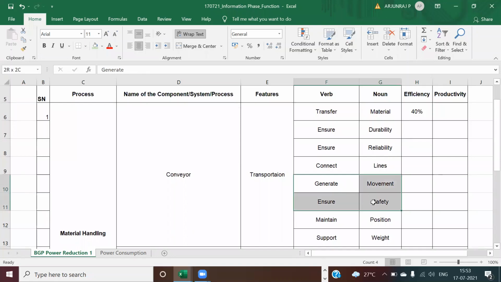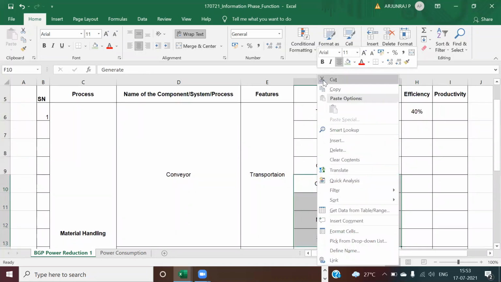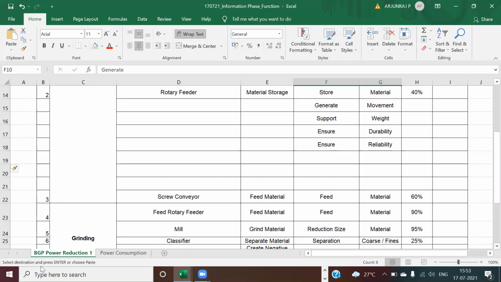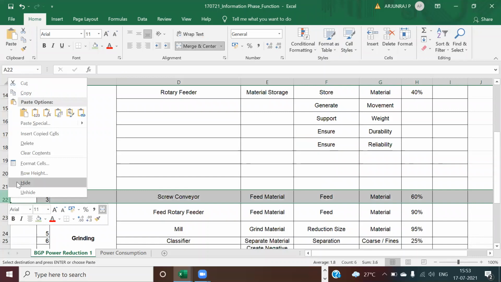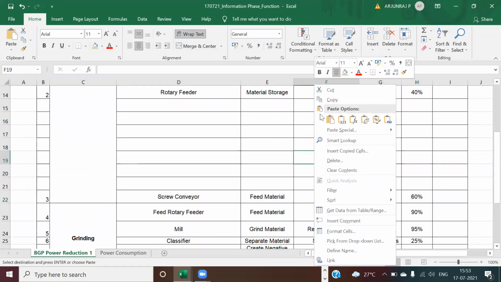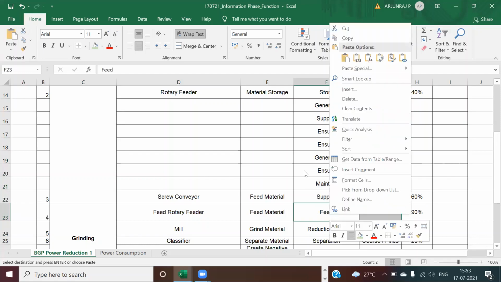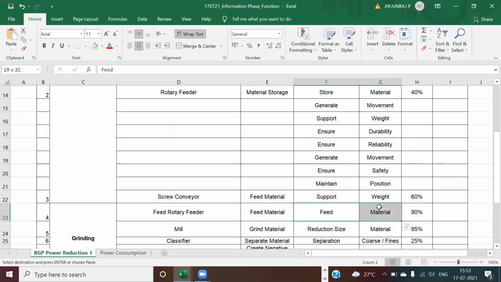What about safety? What is the function of a screw conveyor? Feed material, right? Yes.